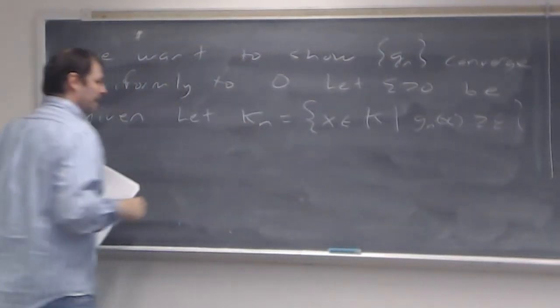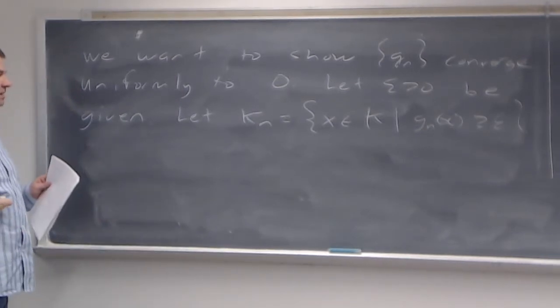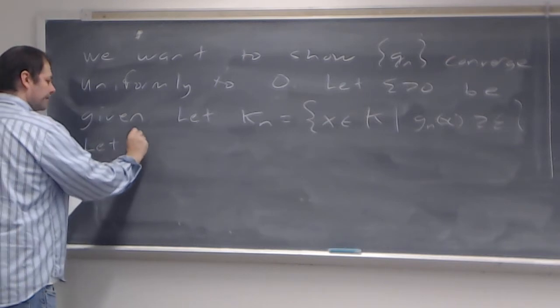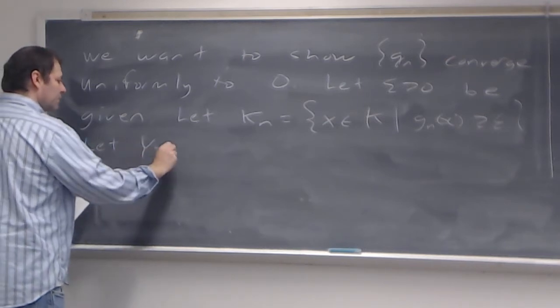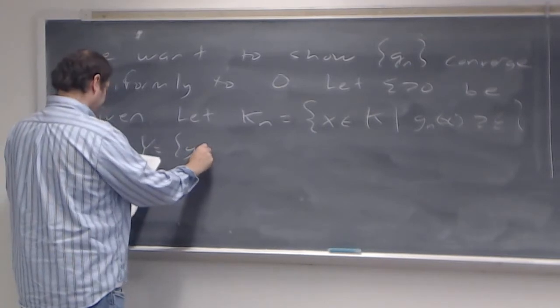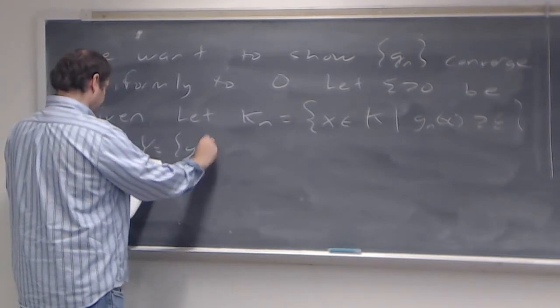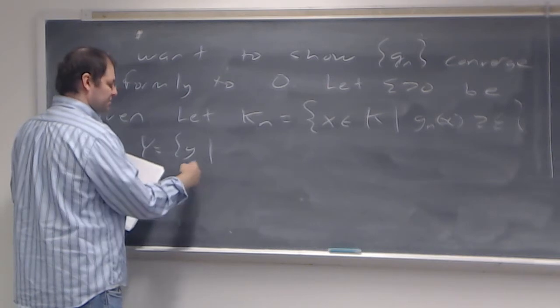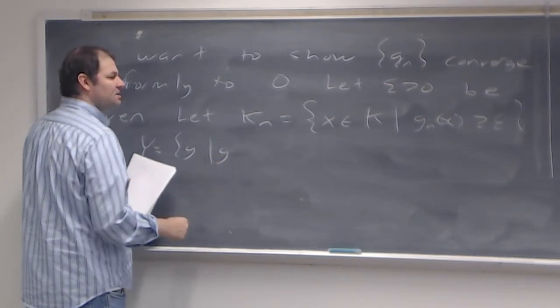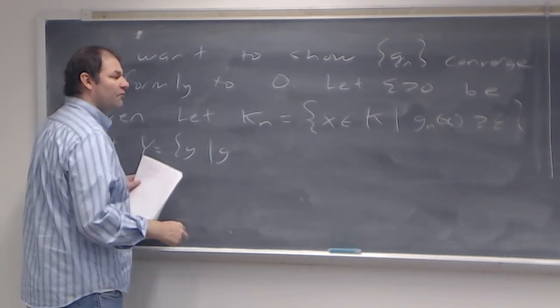We're going to think about this K sub n for a few seconds and get some characteristics of it. I'm also going to let Y be equal to the set of all little y's in the output space, which are real values.